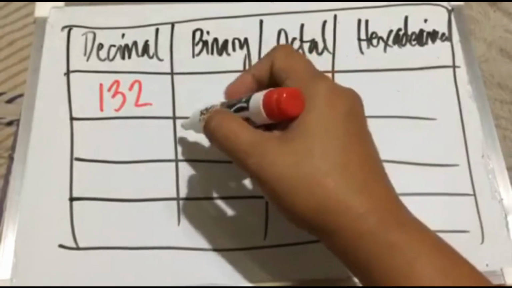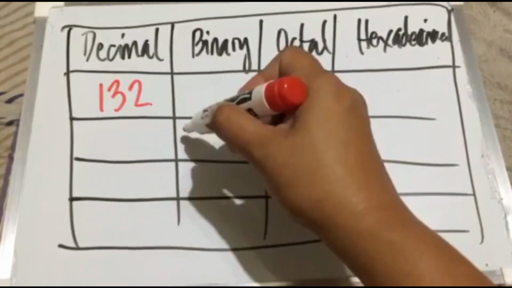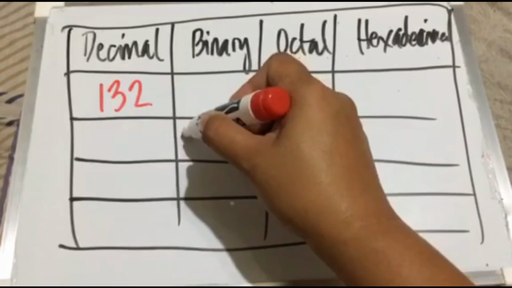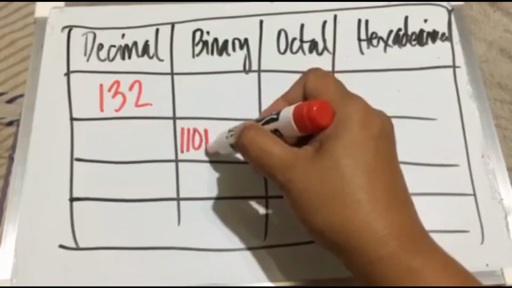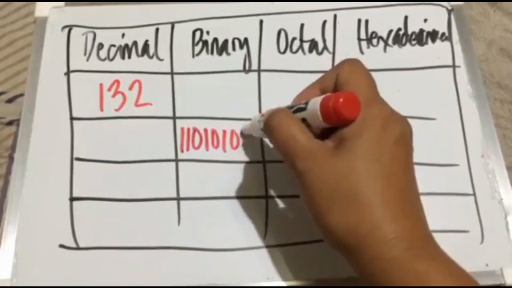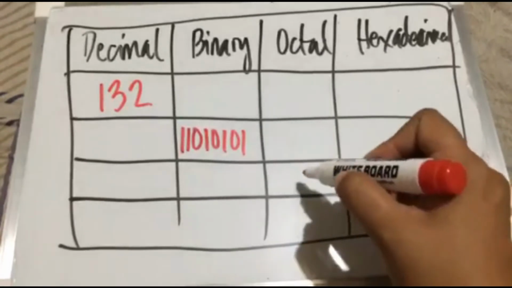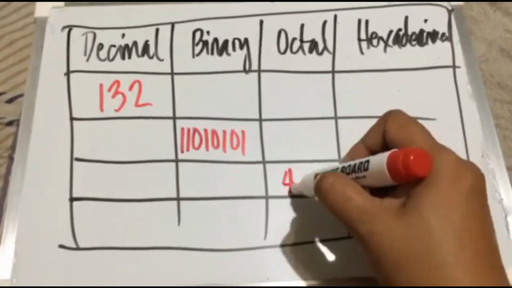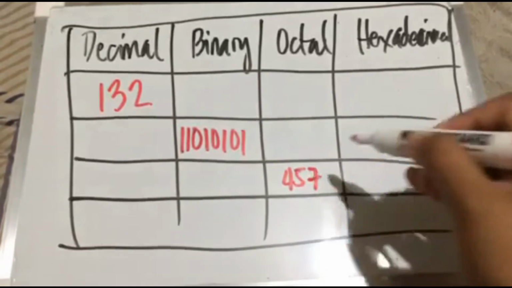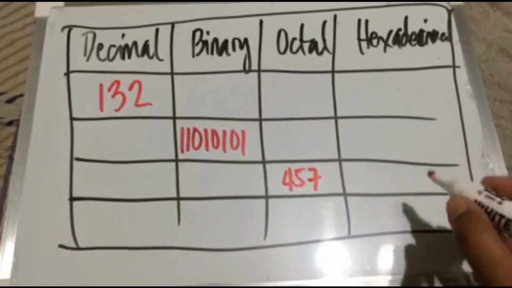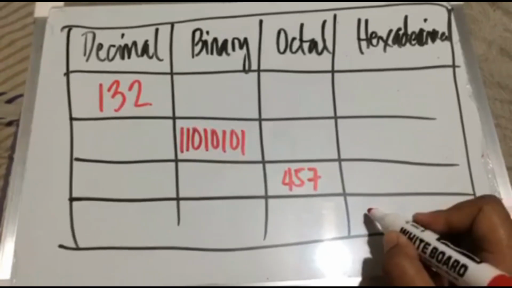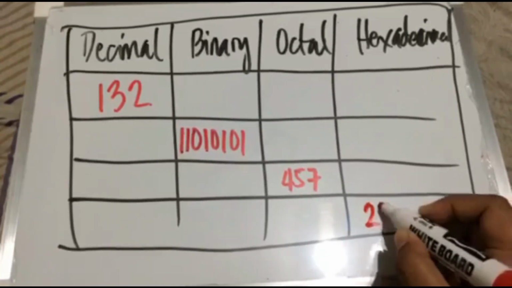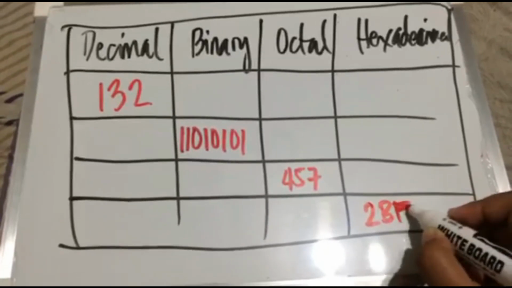So if we have the binary, one one zero 10101, for octal 457, hexadecimal 2BF.